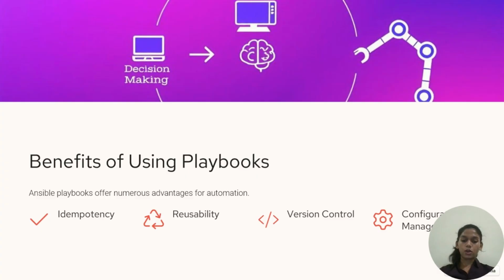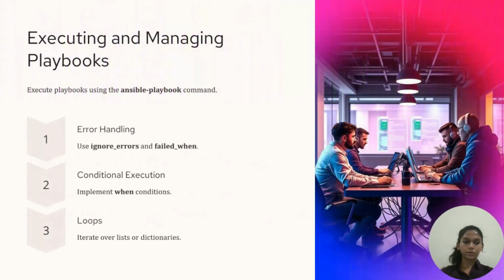Now that we know why playbooks are awesome, let's learn how to execute them. Executing and managing playbooks. It's super simple. Just use the command ansible-playbook and boom, automation kicks in.